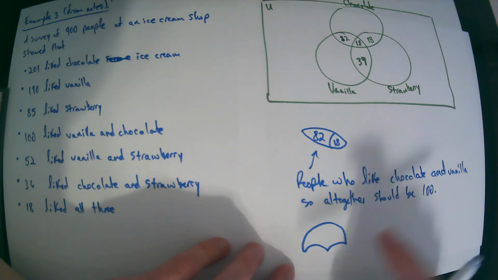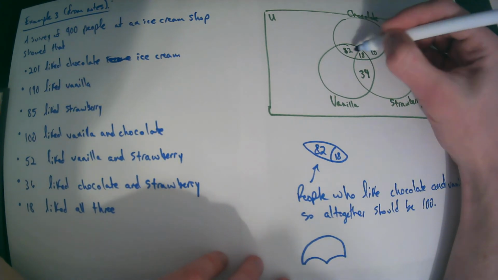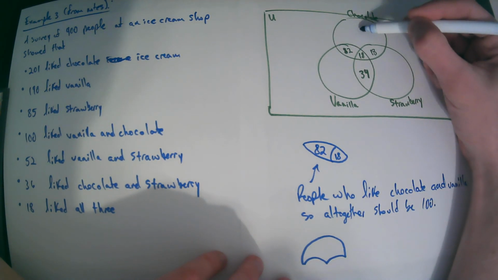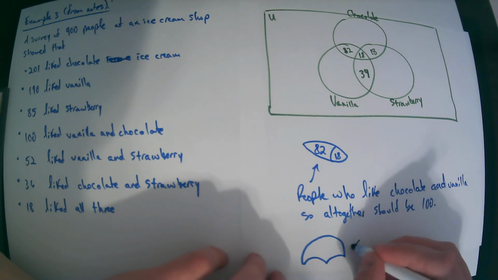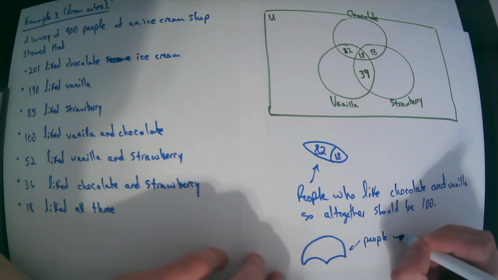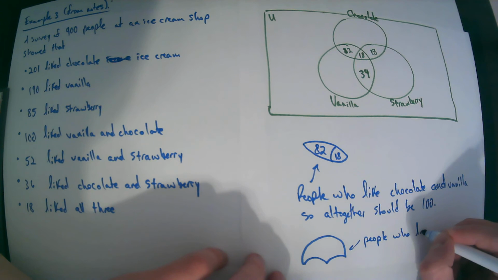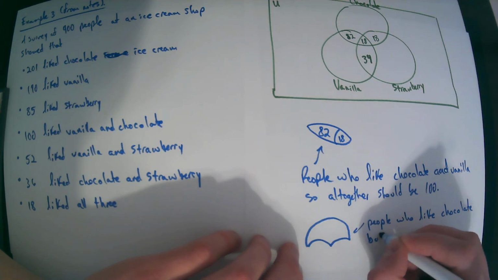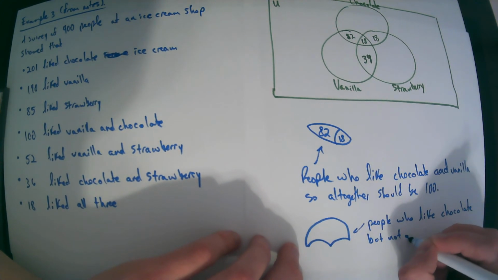That's not including these two, or these three areas. So this thing here. This is people who like chocolate, but not anything else.